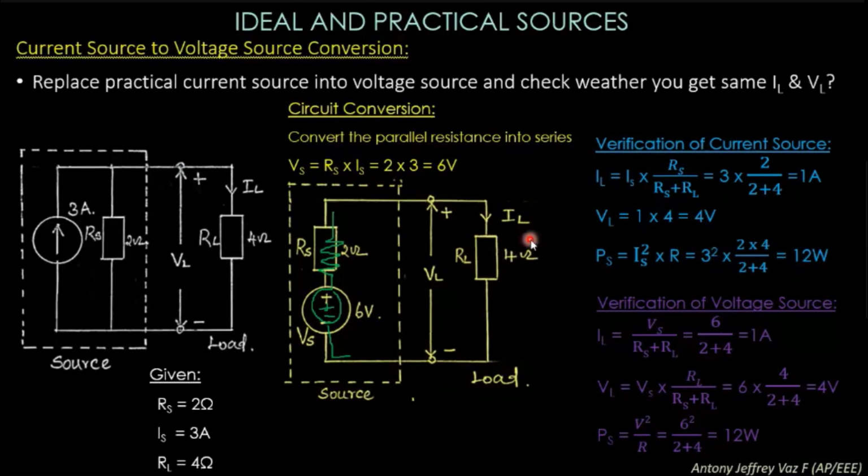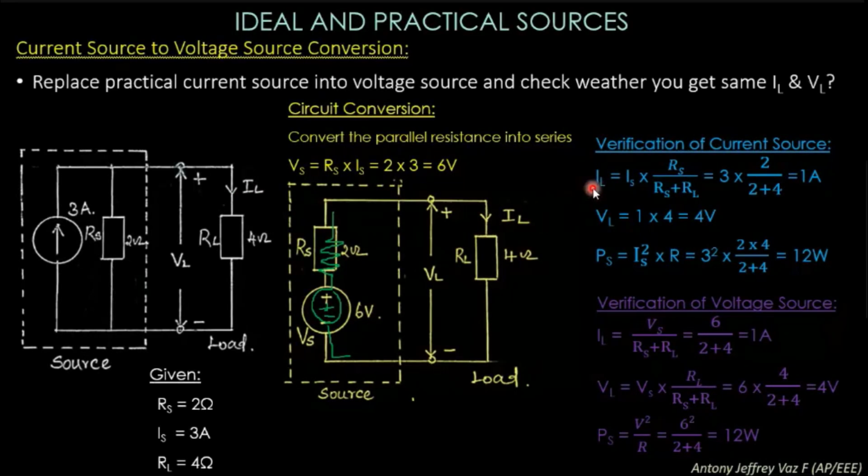Next, we are going to verify the current source. So we know that these are the formulas. You can directly remember these formulas, or you can derive these formulas in your mind. The current which is flowing through the resistance, that is IL. We are going to find the load current IL, which is represented here as well as here.